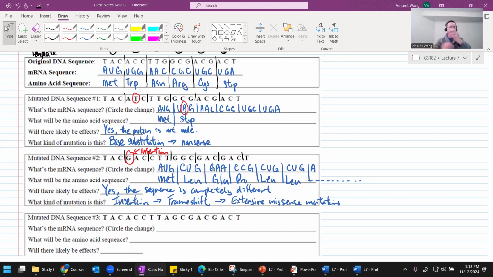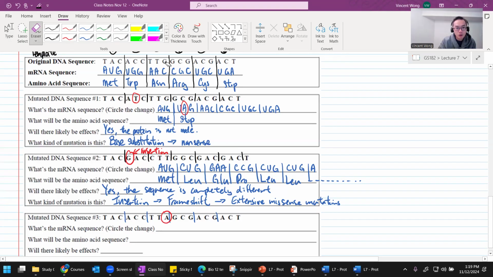Hey, it's about time. What kind of mutation is this? Anybody figured it out? Yeah, neutral mutation. That's correct. So this one here, if you try to find the mutation, it's actually right here. You just compare them one by one.